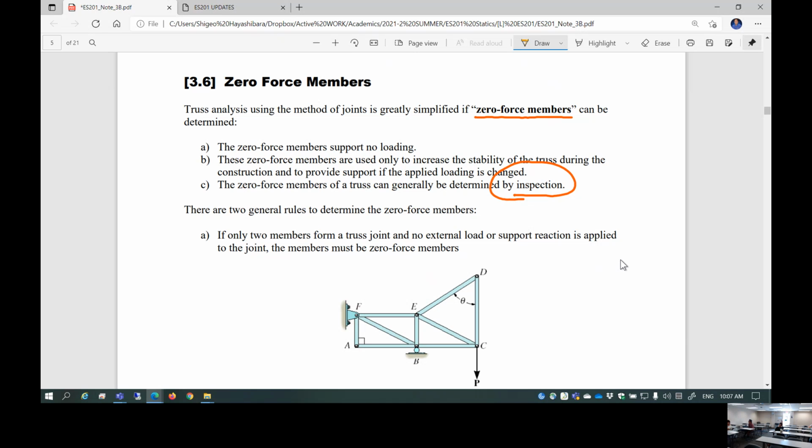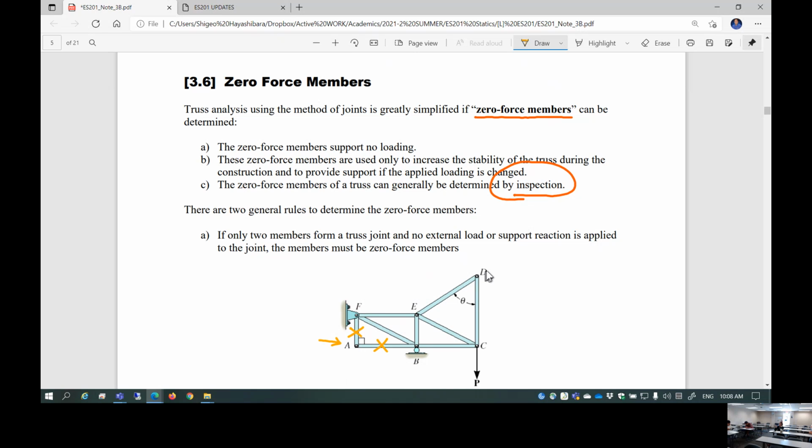What are those? Which joint? A. Joint A consists of only 2 members, right? Member AF, member AB. Member AF and member AB, 2 members form the joint A. And then joint A is not supported, so there's no support reaction, and there's no force applied at the joint A. So that means this and that are zero force members. You don't need those.